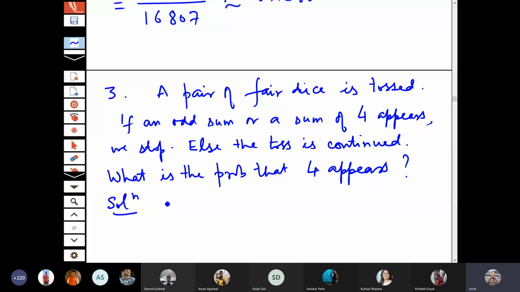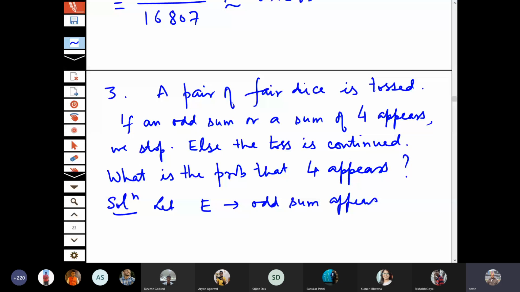Let us consider event E, that an odd sum appears. In the tossing of two fair dice, an odd sum can be 3. So 3 can occur if 1,2 or 2,1 occurs. Then 5, so 1,4, 4,1, 2,3, 3,2.